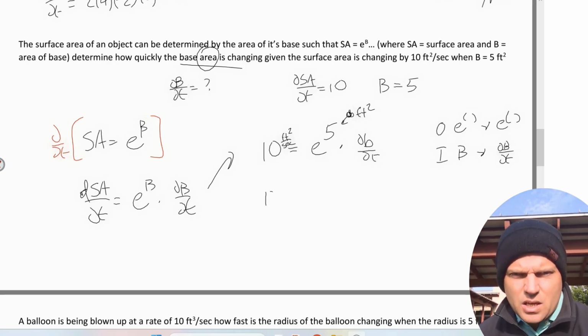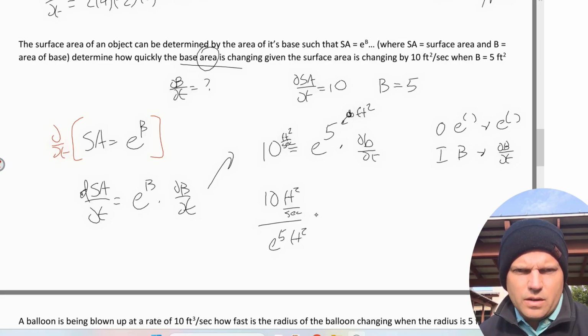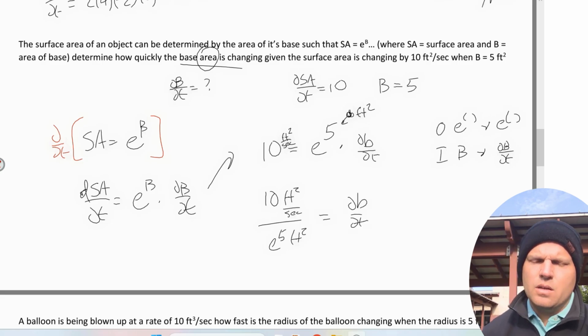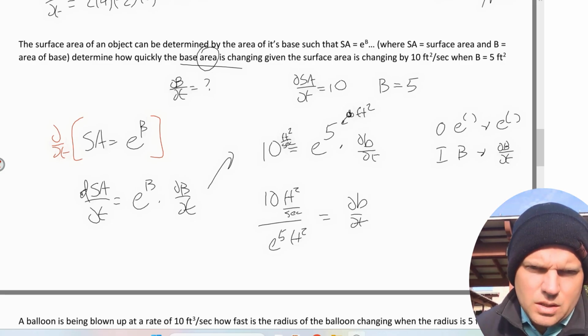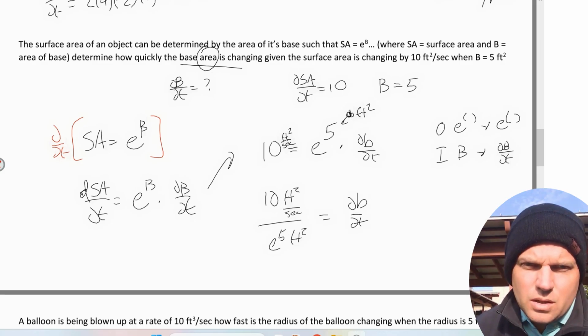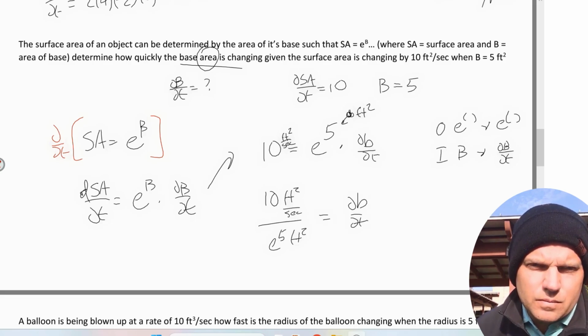If I take feet squared per second and divide it by feet squared, I should get square feet per second. Why don't I get that?